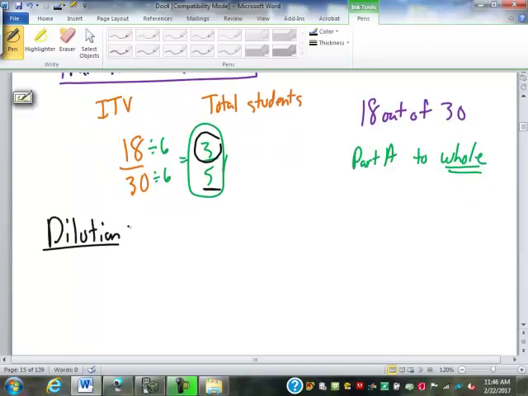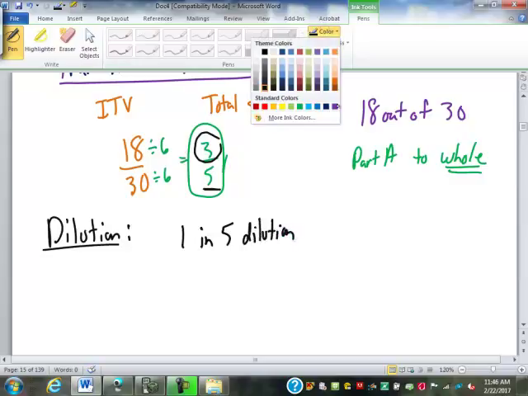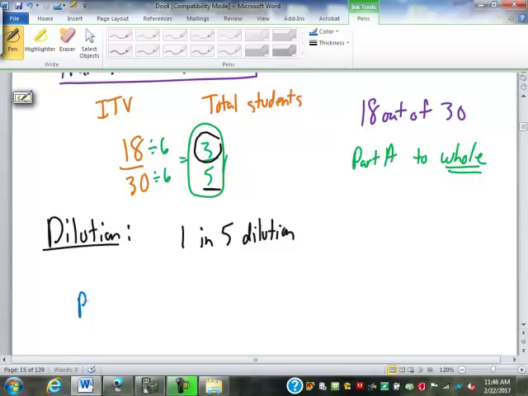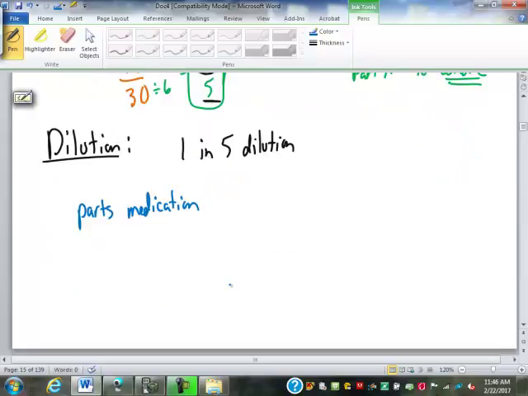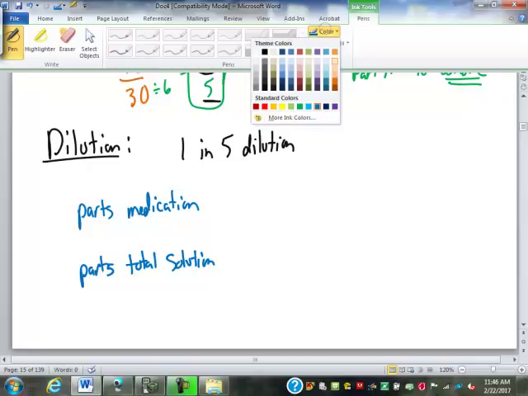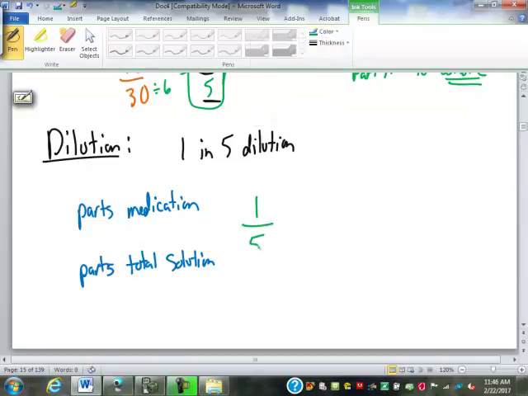For example, if we have a 1 in 5 dilution, that's going to compare the parts of medication to parts of the total solution. So that is a 1 to 5, 1 part medication in every 5 parts of total solution.